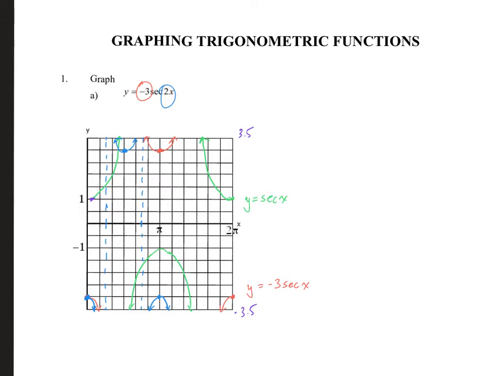I notice that every pi by 2 units, I'm going to have an asymptote. So 1, 2, 3 grid lines would be pi by 2 on this scale. That then means that halfway between, another 1, 2, 3 pi by 2 would create another asymptote.